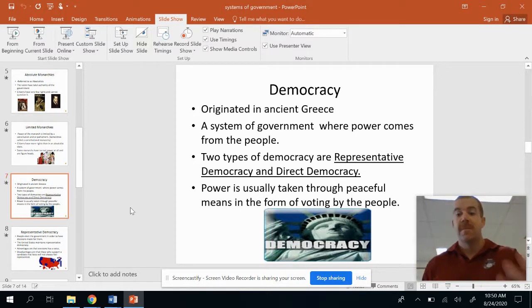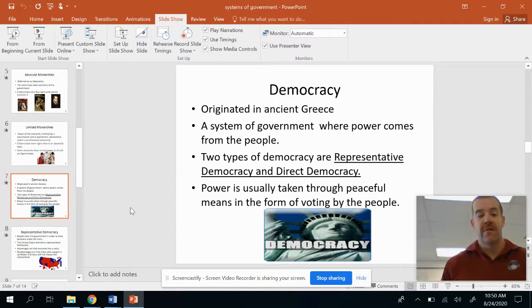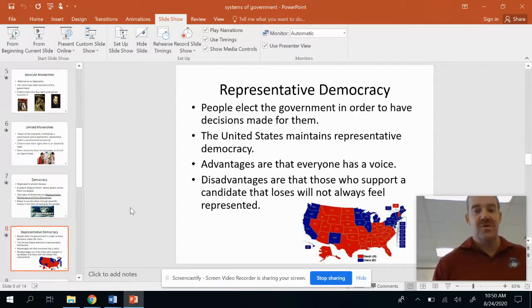Most of the time, a democracy tends to be a peaceful structure of government. So we're going to look at the two types. Representative democracy is where the people elect a representative who then, for lack of a better term, represents them.